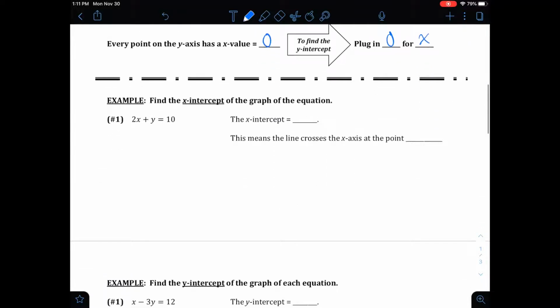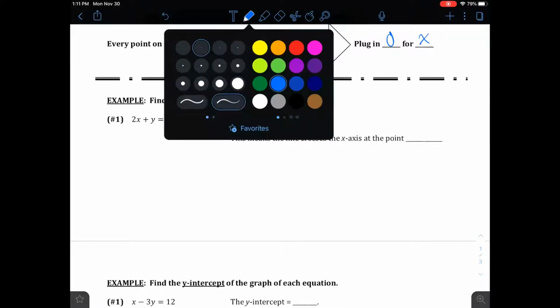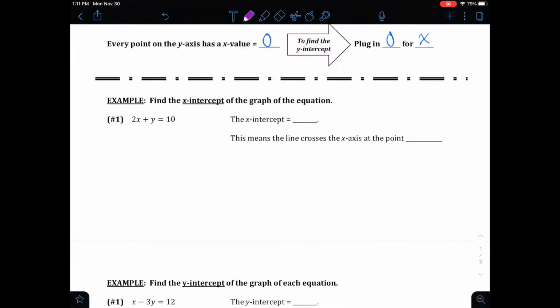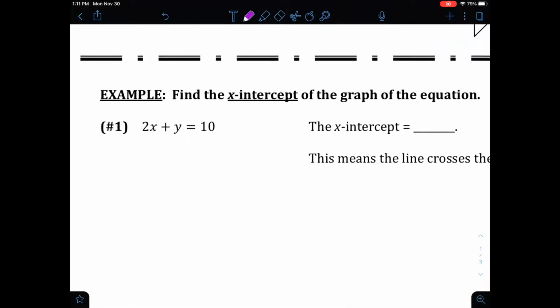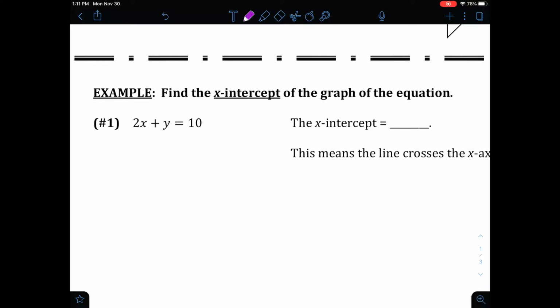All right, let's go ahead and move on here. It says find the x-intercept of the graph of the equation. So we have 2x plus y equals 10. We're looking for the x-intercept. Well, the x-intercept is when y equals 0, so we're literally going to replace the y with 0. That's just how it works.